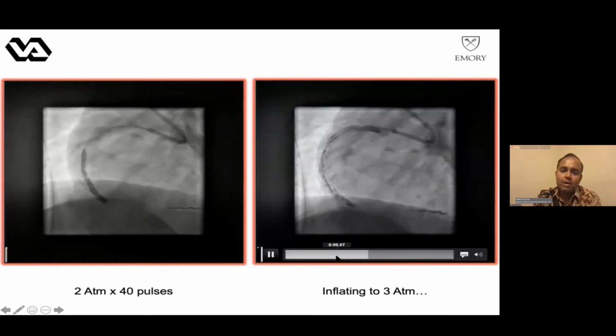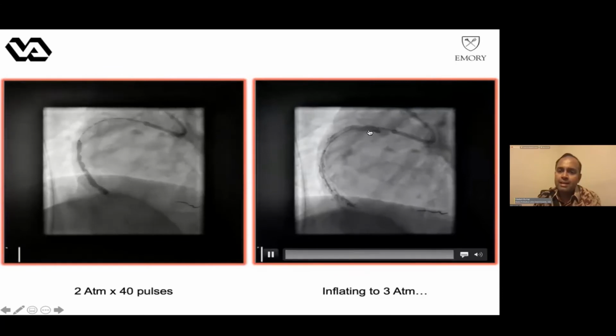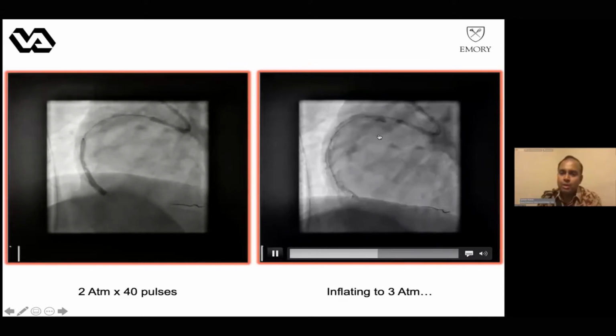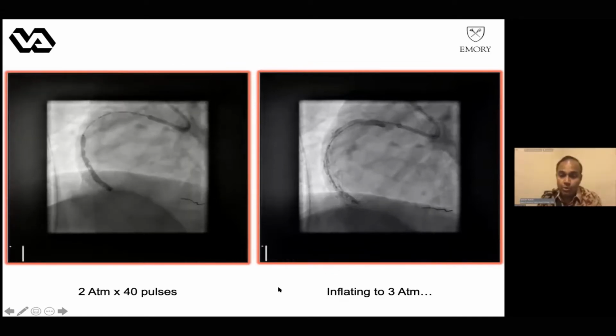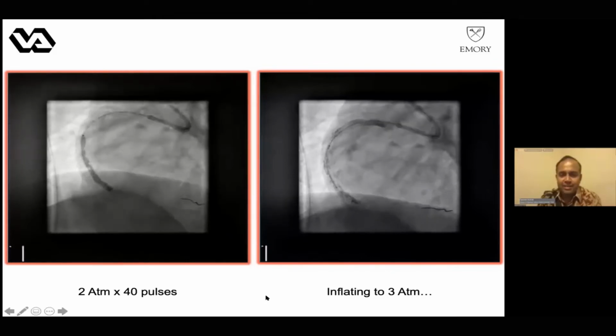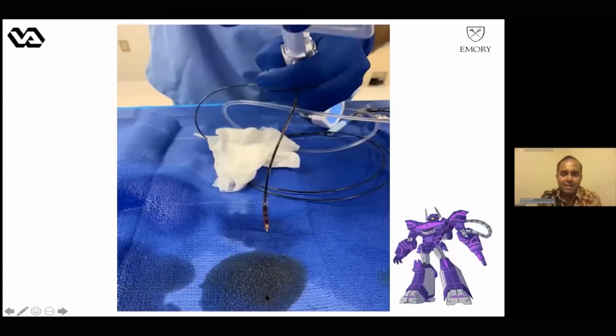And at that point, when we inflated to 3 atmospheres, there was rupture of this peripheral Shockwave balloon, resulting in dye staining and contrast that is now extending almost to the proximal right coronary artery. And this is obviously a scary moment for both myself and my partner, who were scrubbed on this case together. And this shows the balloon rupture with extrusion of contrast pretty much at the balloon.